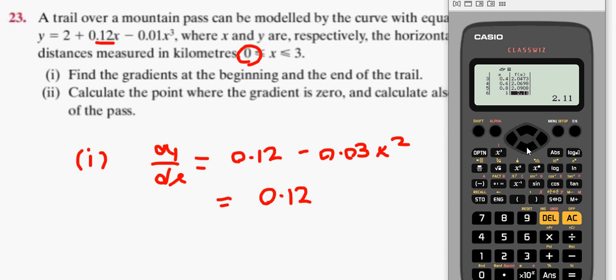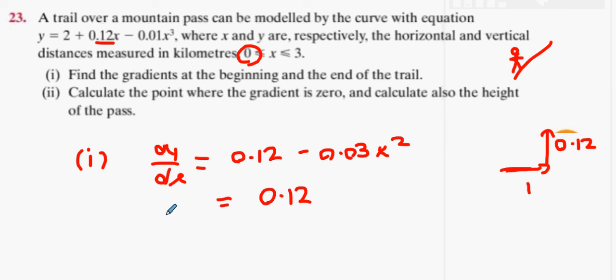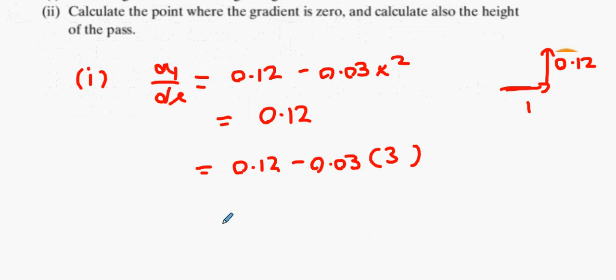At the end of the trail, are we on our way up or on our way down? We're on our way down, so I'm expecting a negative slope here. Let's find out. So the first derivative is 0.12 minus 0.03x squared. Now the x value this time is going to be 3.